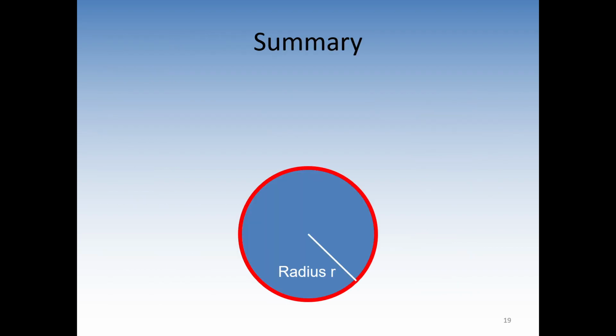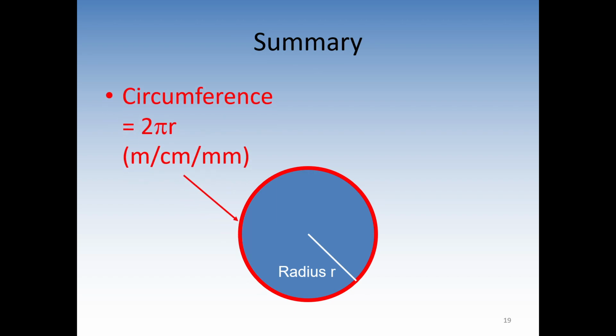Okay, so let's do our summary. Today we have learned the terms of the circle, and then we have learned two formulas. The first one is the circumference. The circumference describes how long the outline curve of the circle. The formula is 2 pi r.